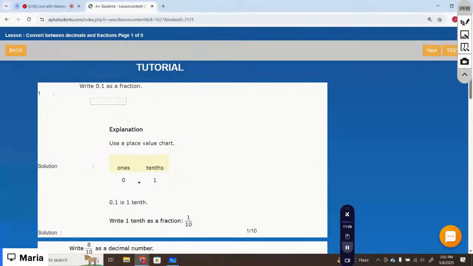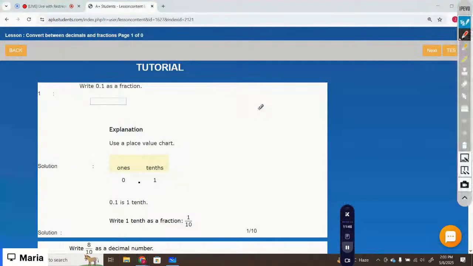As a fraction, you can write 1 divided by 10. Basically, we have 0.1. You need to put 1 for the digit after the decimal point, and right after the decimal point you have only one digit, so you need to put 10 below it. So that would be 1 out of 10. Got it?